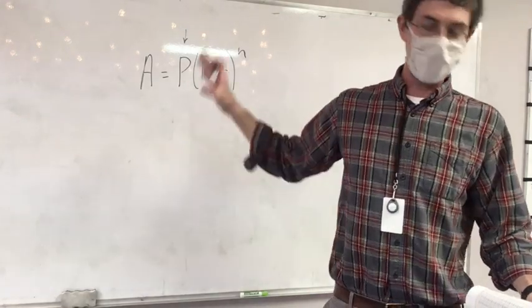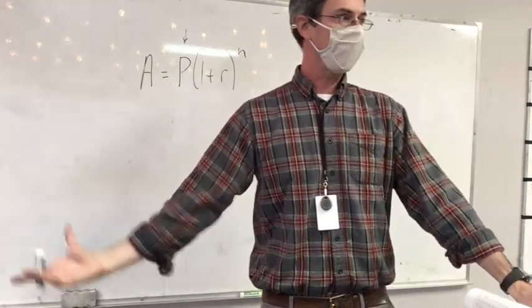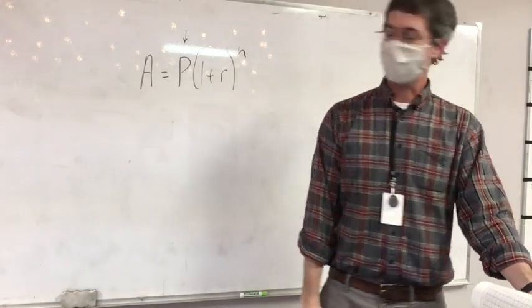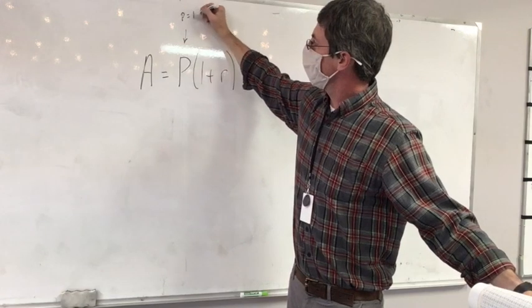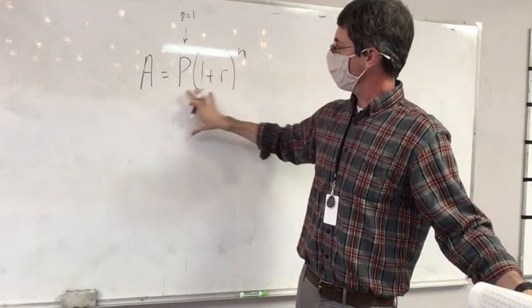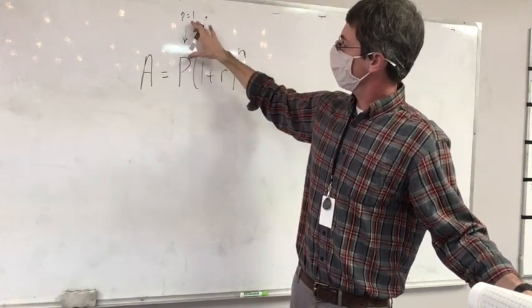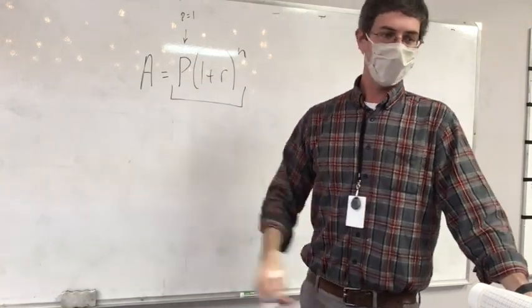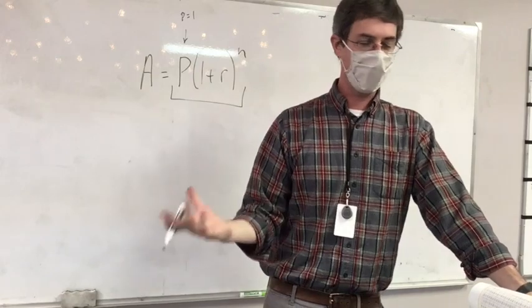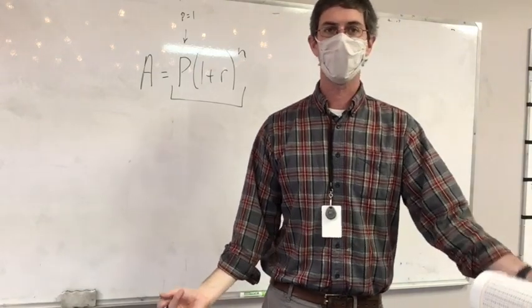So you look that up and then multiply it by whatever your P really is, whether it's $10,000 or $100,000 or whatever.